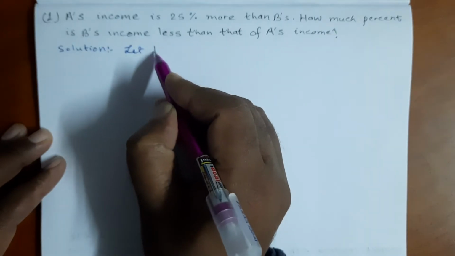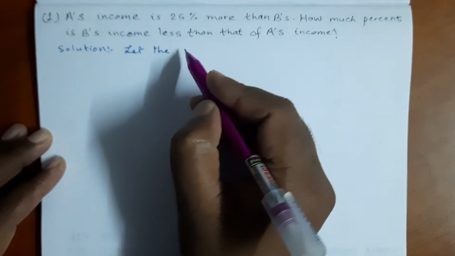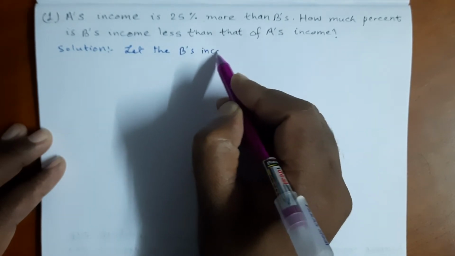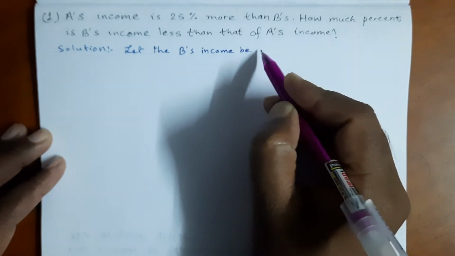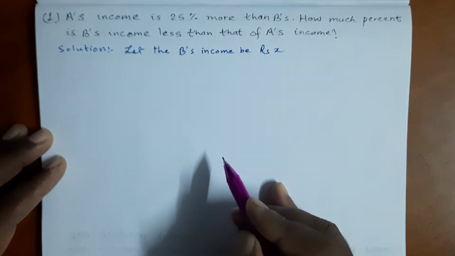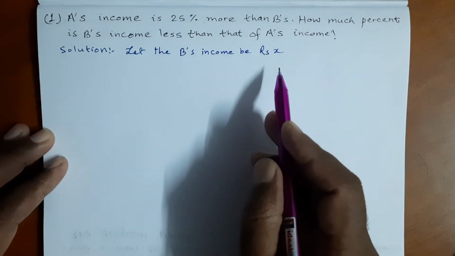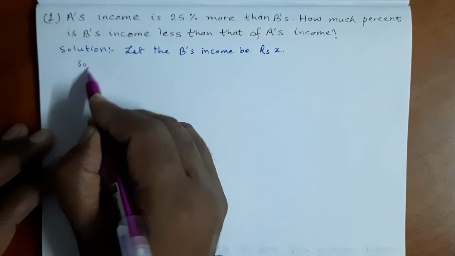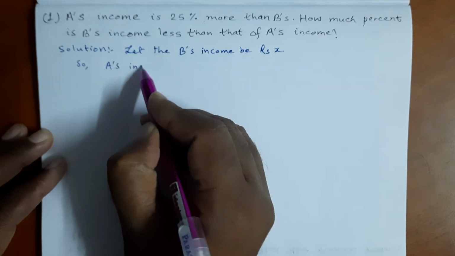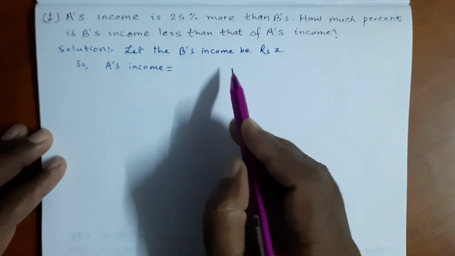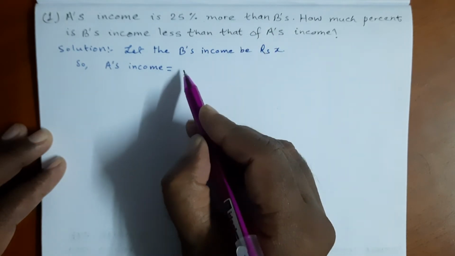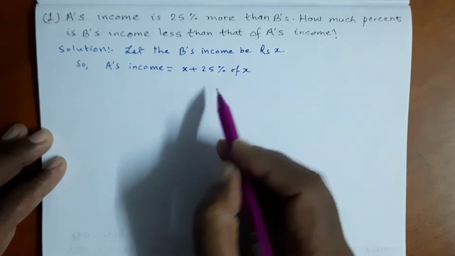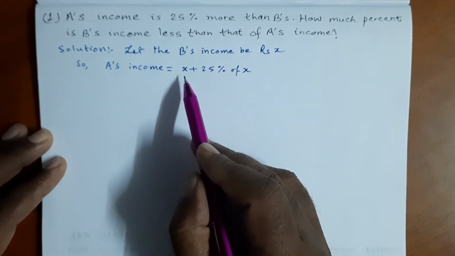Let the income of B be rupees X. I have supposed B's income to be rupees X. A's income equals 25% more than B's income, so X plus 25% of X. This X is B's income.